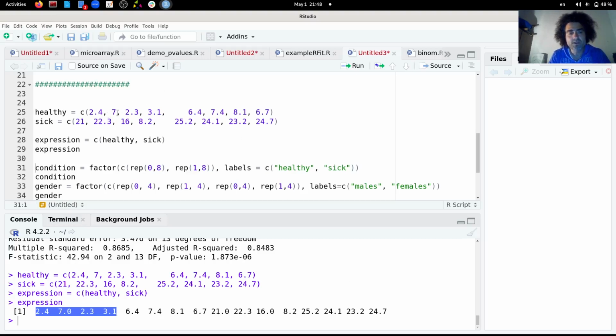The condition is a factor of 8 and 8 values, 8 healthy, 8 sick, and the gender is a factor of 4, 4, 4, 4 values: 4 males, 4 females, 4 males, 4 females.